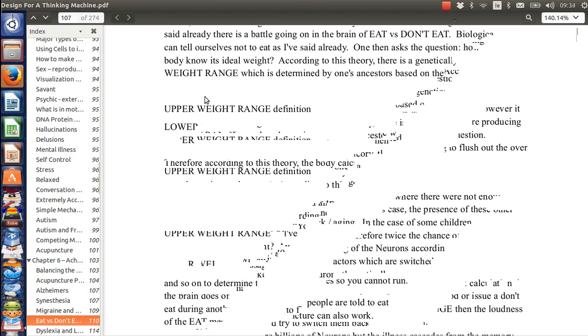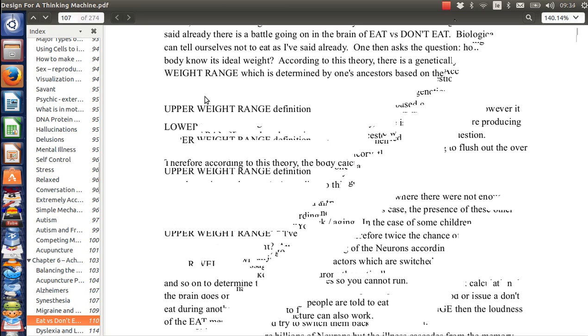They message with leptin, I think it's a hormone, that goes into the blood, and it tells the body how much leptin there is. In other words, the fat cells say to the body, "There's so many of us here." So one imagines a human being having an upper weight range and a lower weight range.